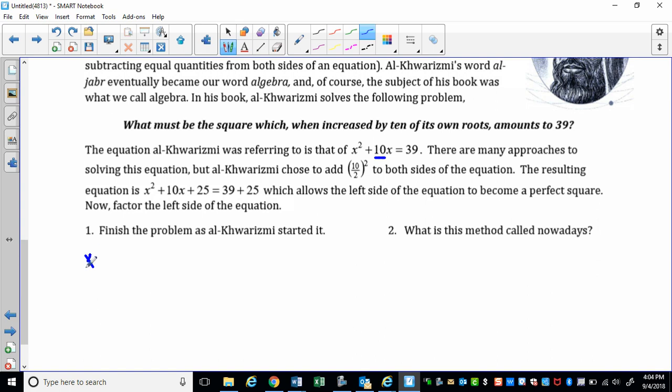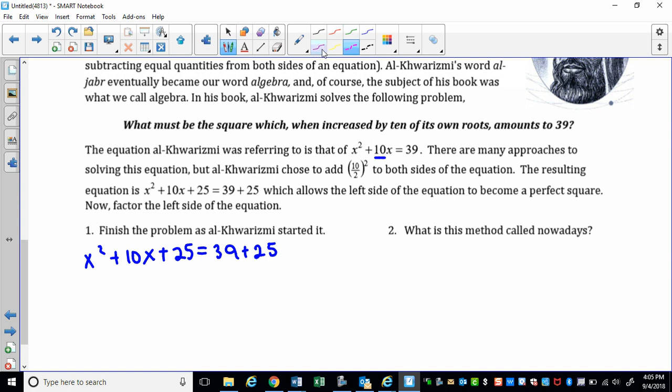I'm just going to rewrite it. x squared plus 10x plus 25 equals 39 plus 25. So since we have a right-hand side of the equation, it's not set equal to 0 or anything like that. What we're going to do is factor it.